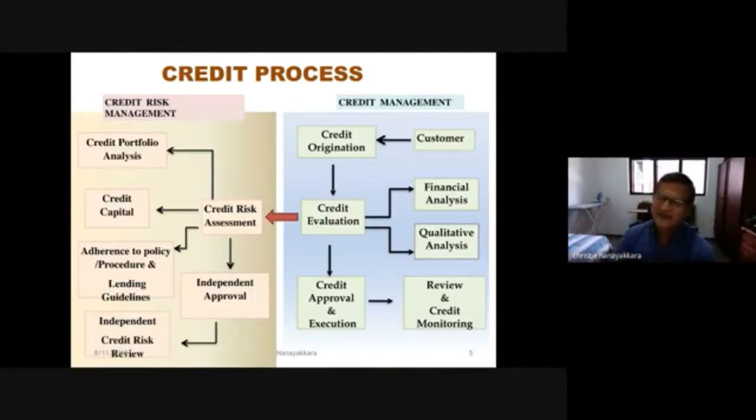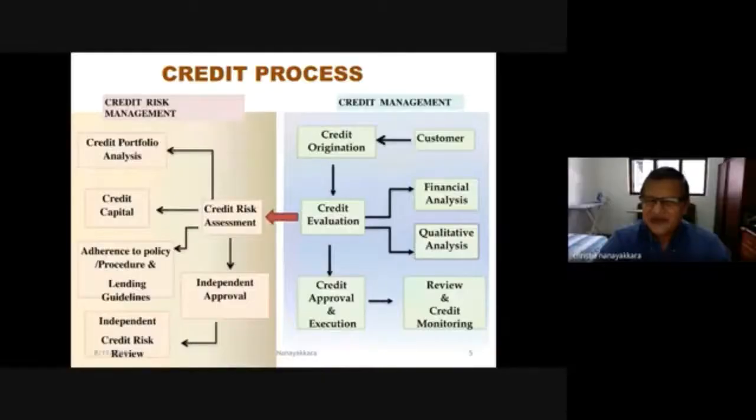Now see, if a customer wants a housing loan, I come to you, and at the credit origination unit, you give me a form. In that form, I will see what I need to submit, and you need to insist that this customer provide all the documents required to originate the facility.